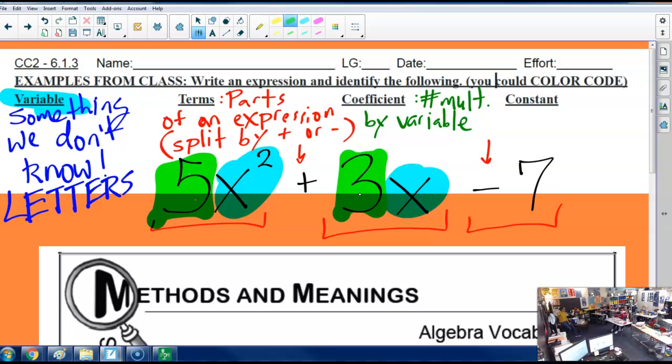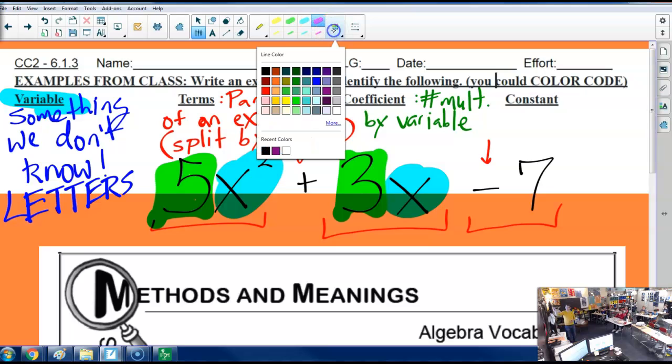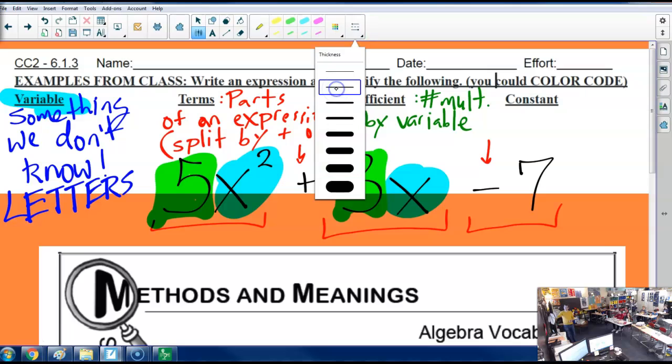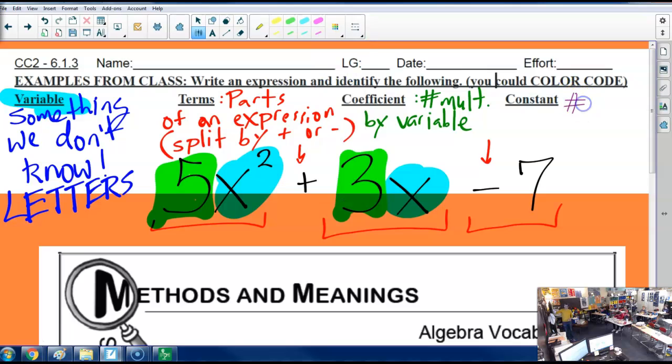That's a coefficient. Now 7 is not a coefficient because, Araya, what is the 7 or the negative 7? Negative 7 is subtraction. Yeah, and why is it not a coefficient? It's not a coefficient because it doesn't deal with multiplication. And a constant is a number.